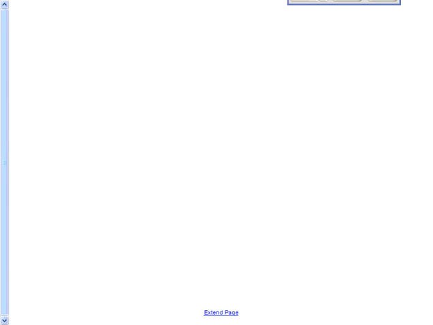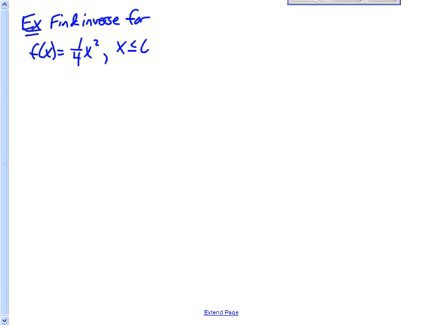Let's say we got this 1/4 x squared where x is less than or equal to 0.